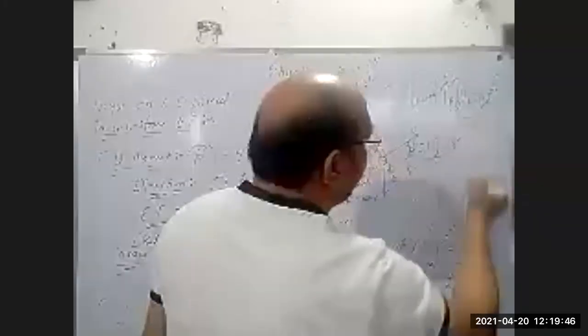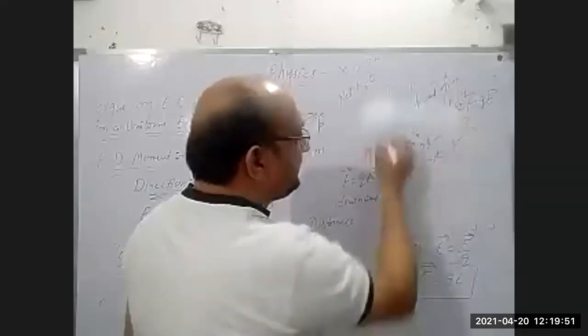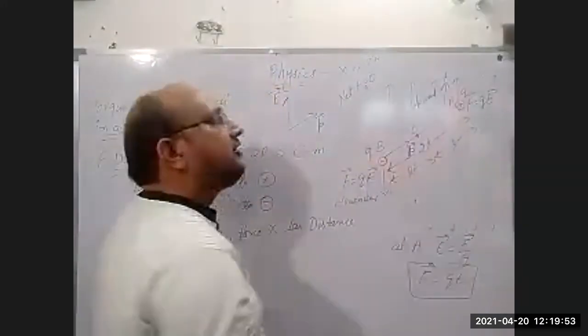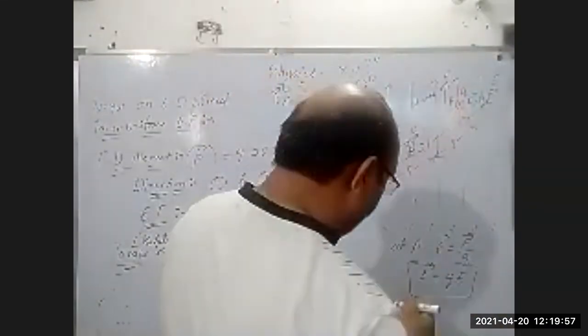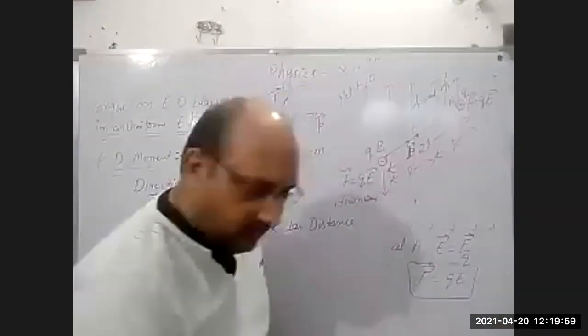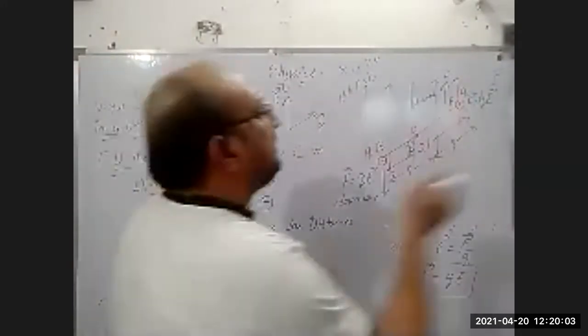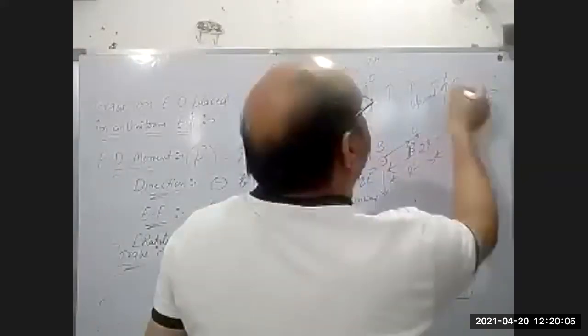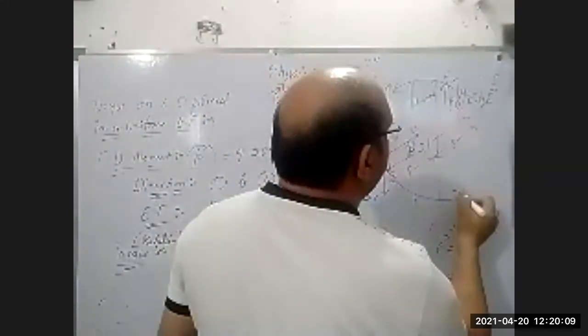Net force is zero, but there is a different line of action. Its line of action is this, and its line of action is there. Since the lines of action are different, this body will rotate in this direction, and this one in this direction.